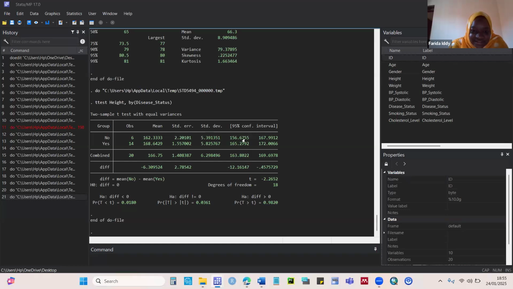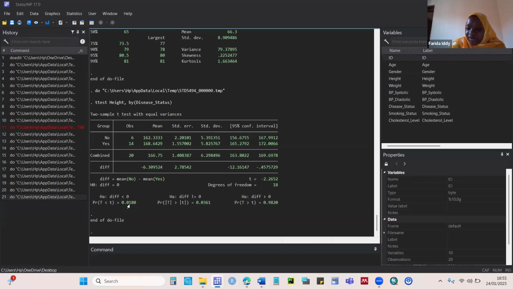But our interest is the confidence interval. If we assume the left side, that the mean height for those who are not diseased minus the mean height for those who are diseased is less than 0, then this is the p-value that we are going to interpret.